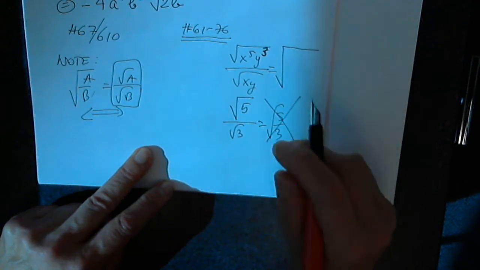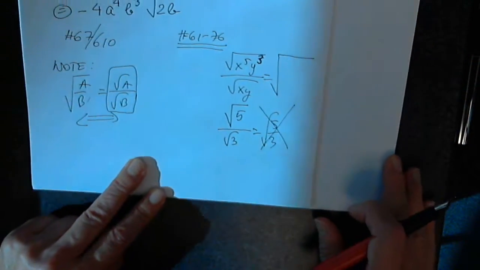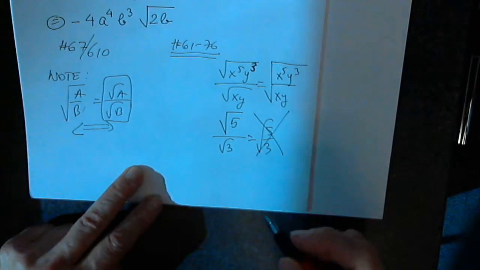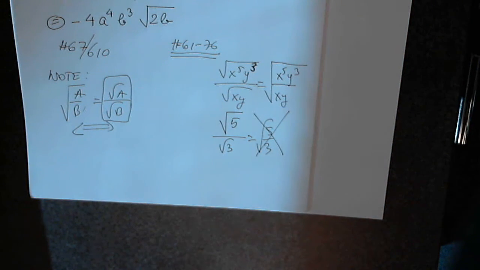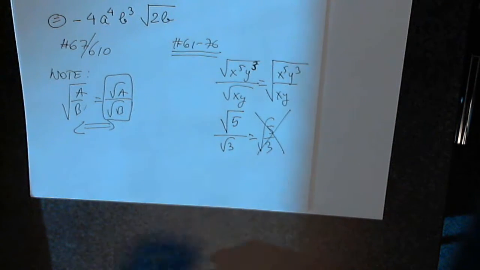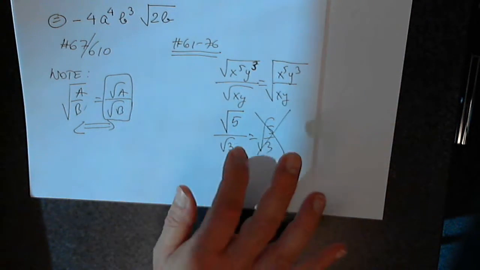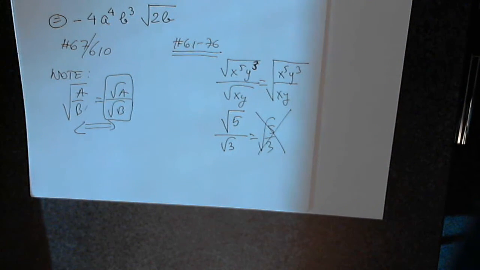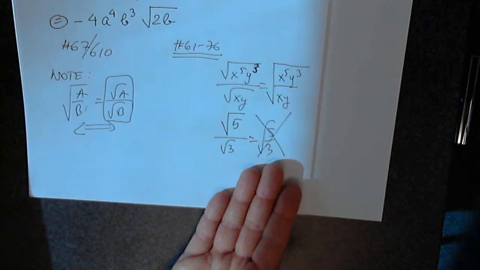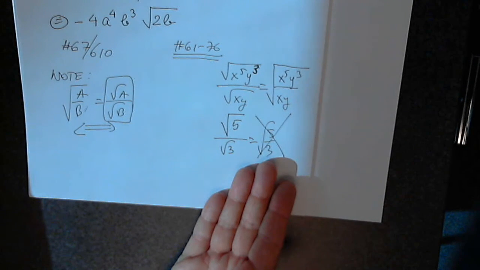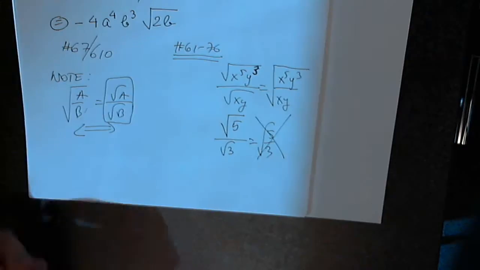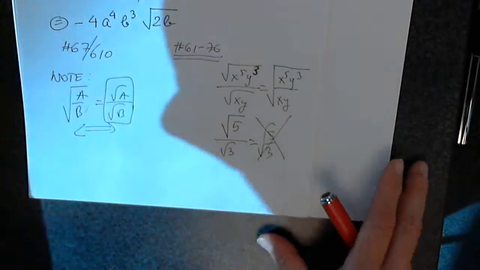That's why I will write one radical and have x to the fifth, y to the third over xy, because I can simplify inside the radical. But here there is no point in writing the square root of 5 over 3. There is something else we do to simplify it. It's correct, but it will not simplify. So I will write a note like this.